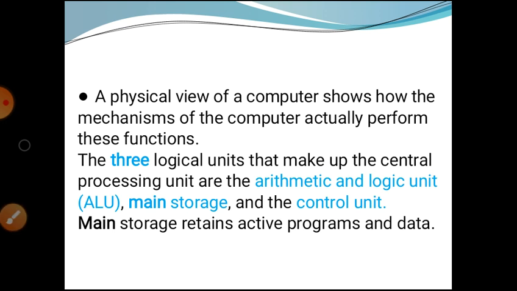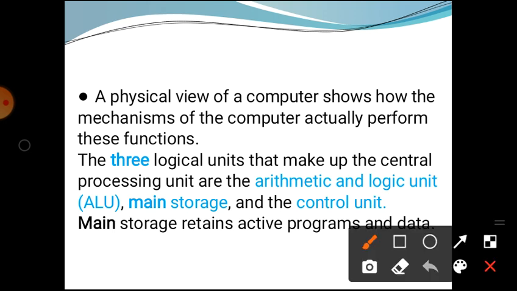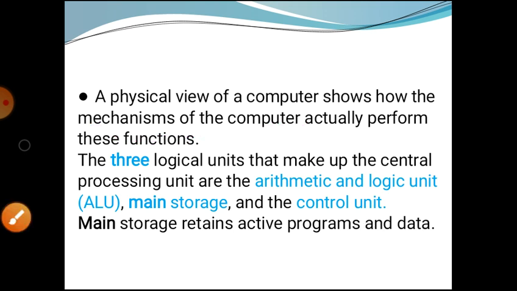Next, a physical view of a computer shows how the mechanism of the computer actually performs its function. By using this diagram, we can simply understand how the computer works. The three logic units that make up the central processing unit are the arithmetic and logic unit, main storage, as well as the control unit.